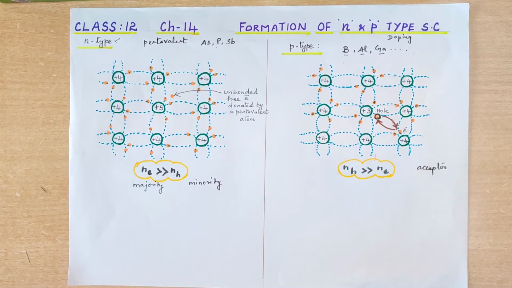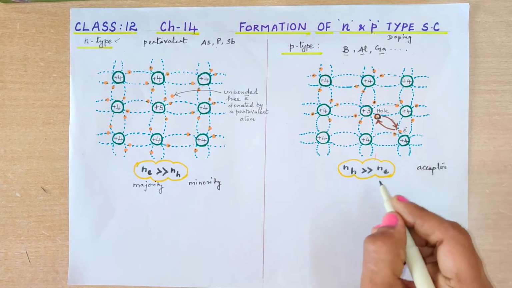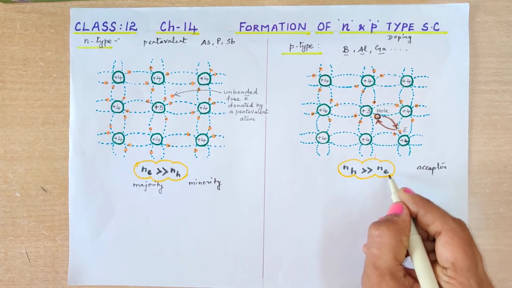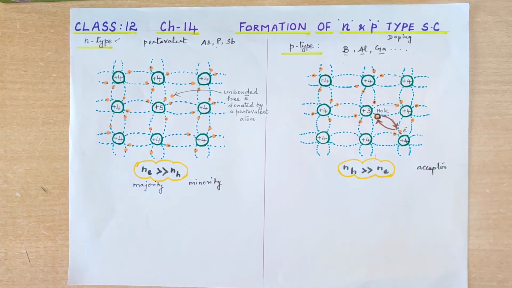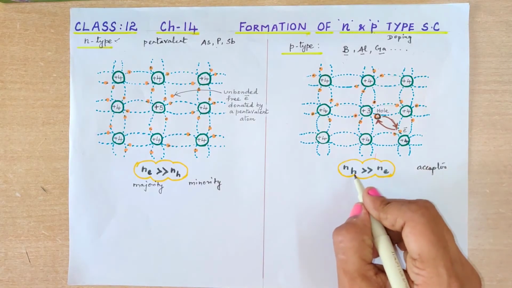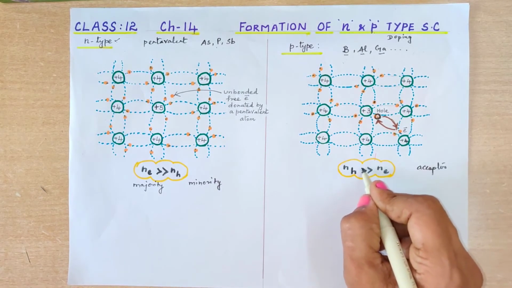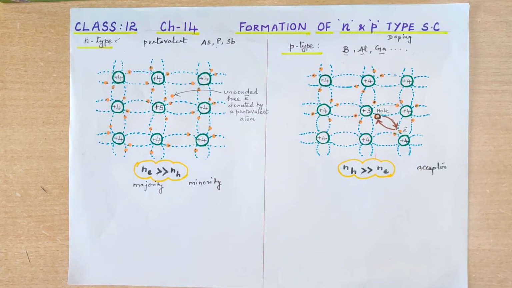Hence, the number density of holes is greater than the number density of electrons in this P-type semiconductor when we are adding the trivalent impurities to intrinsic semiconductors, and hence we have Nh much greater than Ne. Therefore, such semiconductors which are prepared by adding trivalent acceptor atoms are called P-type semiconductors.